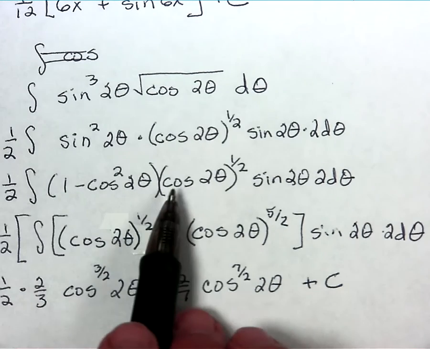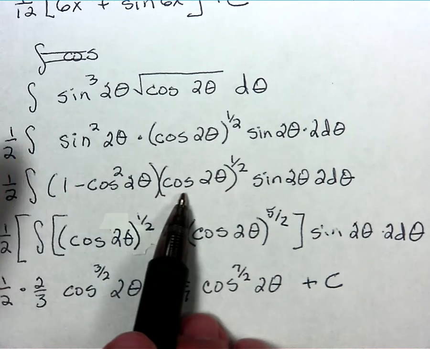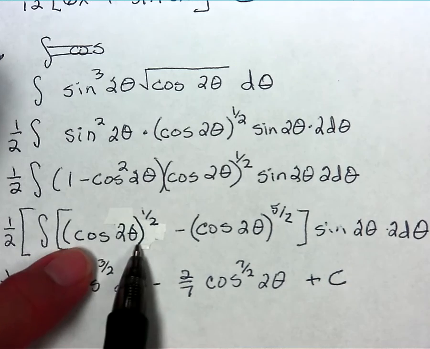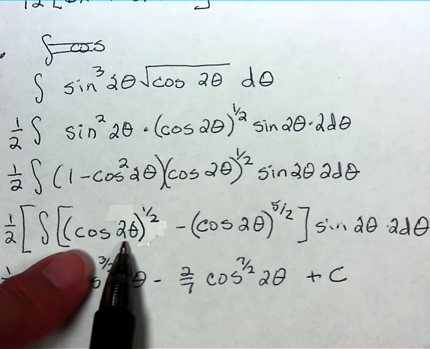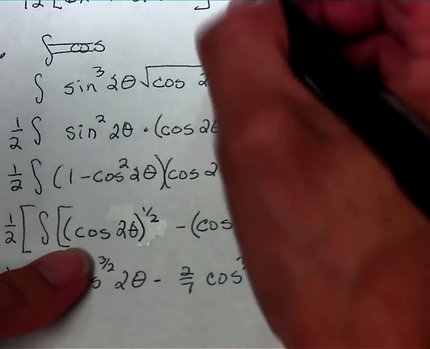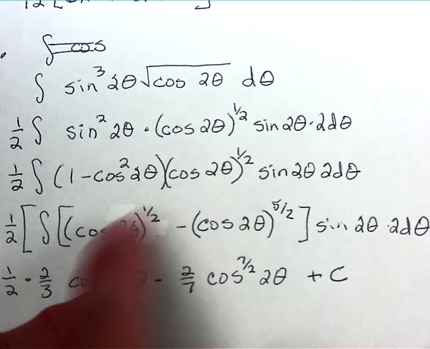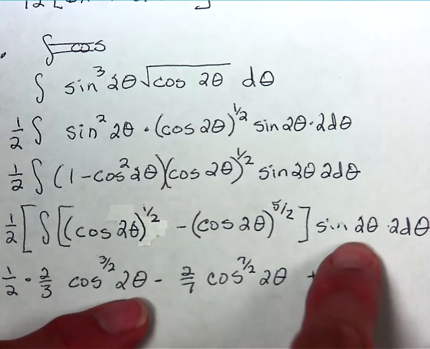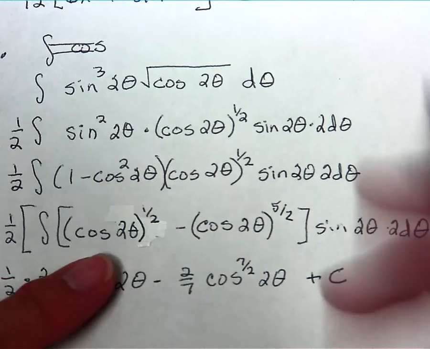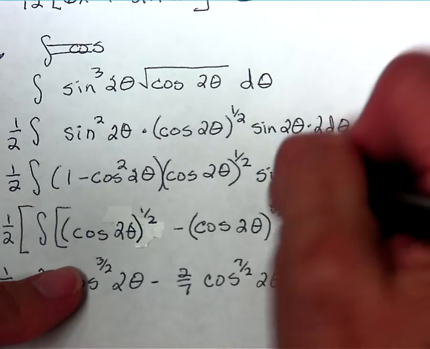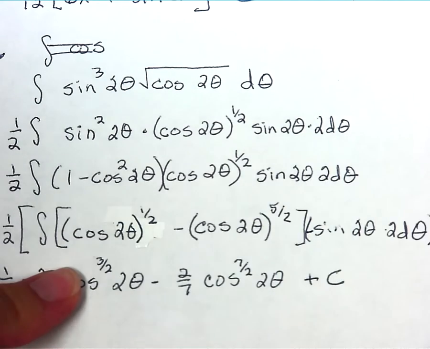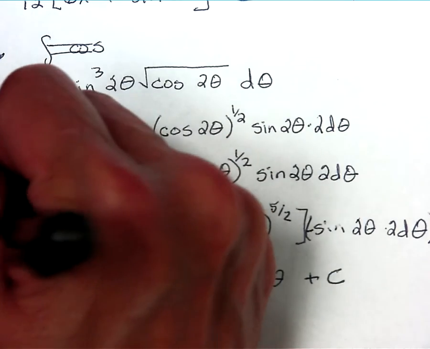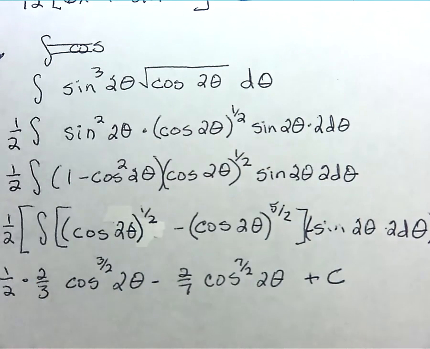If I let u be cosine 2 theta, what's the derivative of cosine 2 theta? The derivative of cosine is negative sine. So if I'm going to integrate this as ugly to the 1/2, I have to have the derivative of the ugly beside it, which means I have to have -1/2 out front.